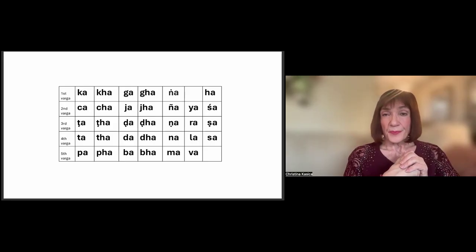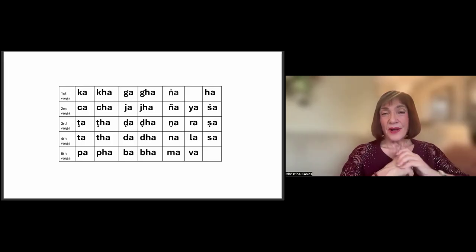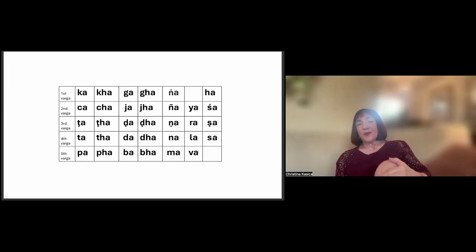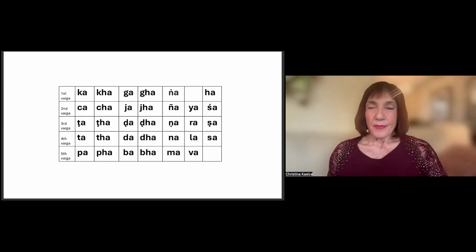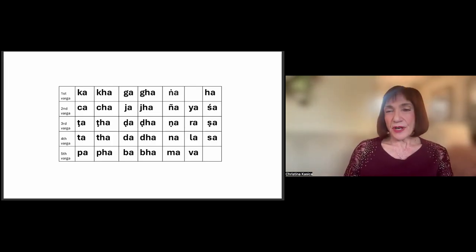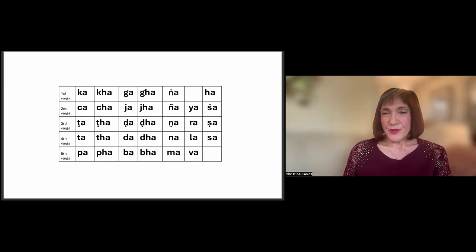The little dot. Yes. Now look at that ra. Does the ra have a dot? No. No, but it is a cerebral letter. And something interesting is that the vowel r, when it's written as a vowel or used as a vowel, will have a dot under it.